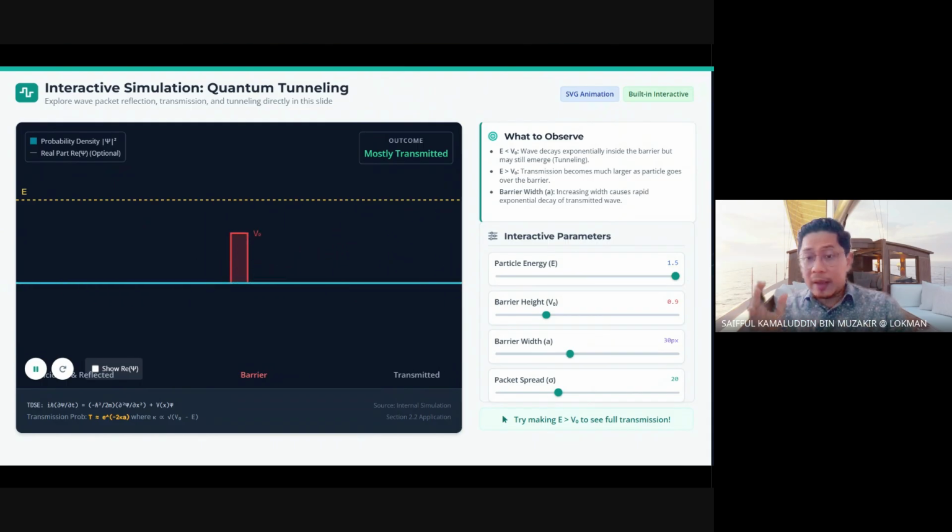What happened here? You could see that much more wave is transmitted through the barrier, and so much more information can be given to us to generate the images.